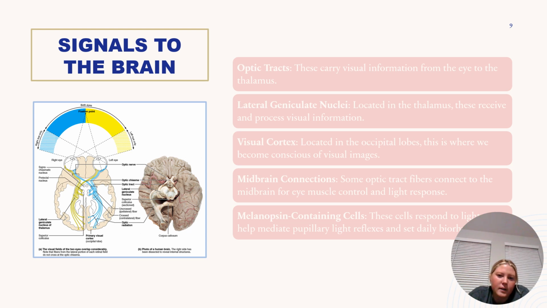Those cells respond directly to the light stimuli. And then the pretectal nuclei and suprachiasmatic nucleus: the fibers from the melanopsin-containing ganglion cells project to the pretectal nuclei, which mediate pupillary light reflexes, and to the suprachiasmatic nucleus of the hypothalamus, which functions as the timer to set off our daily biorhythms.